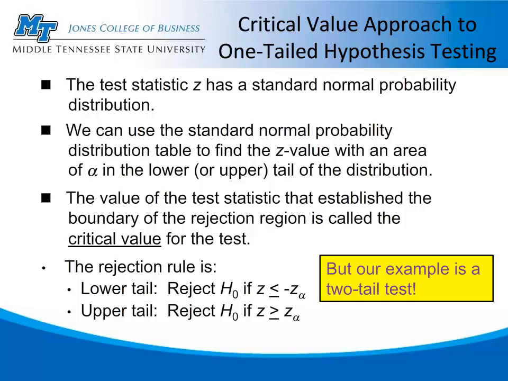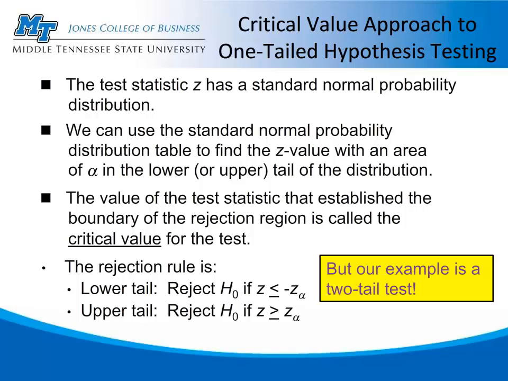If your alternative has a less than, then put alpha in the lower tail on the left-hand side. If your alternate hypothesis is a greater than, then take alpha and put it on the right-hand side in the upper tail. And then we can just go to the z table and figure out what that value is that separates when you're going to reject from when you're not.